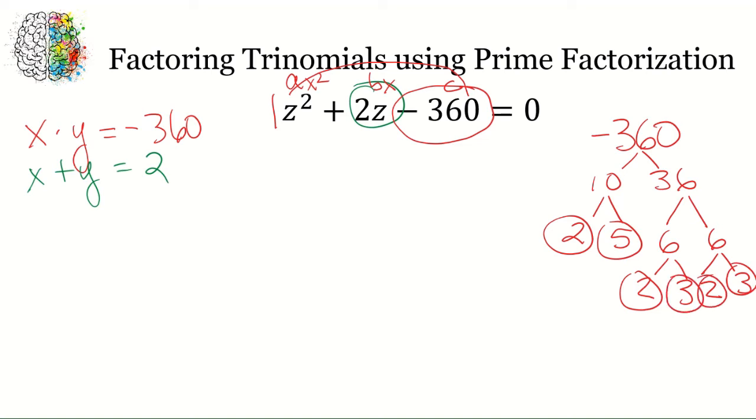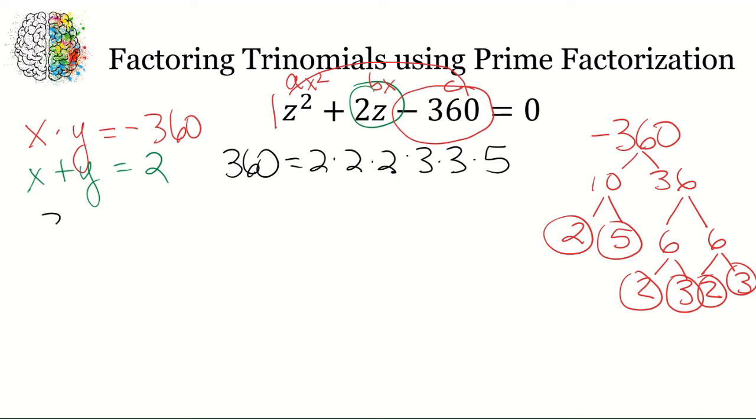So with this problem, those factor down to a lot more numbers than what we saw with our previous example. So let's take a look at what we have. So we have 360 can be broken down to the prime factors of 2 times 2 times 2 times 3 times 3 times 5.